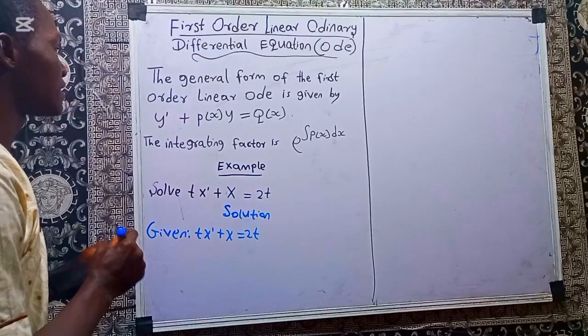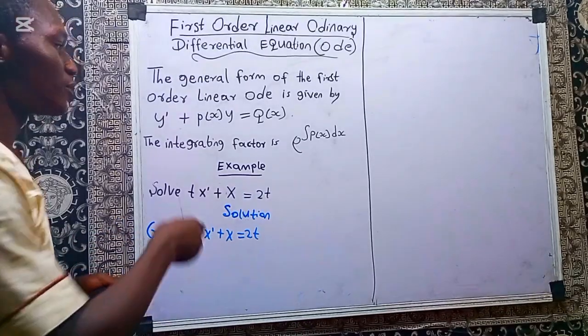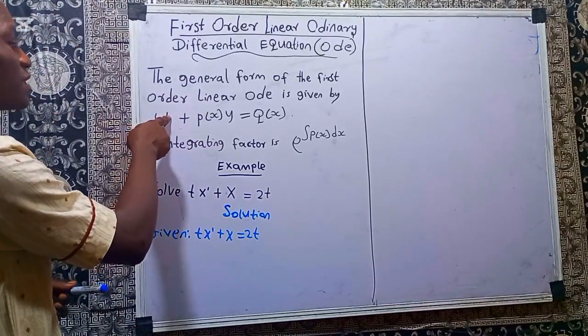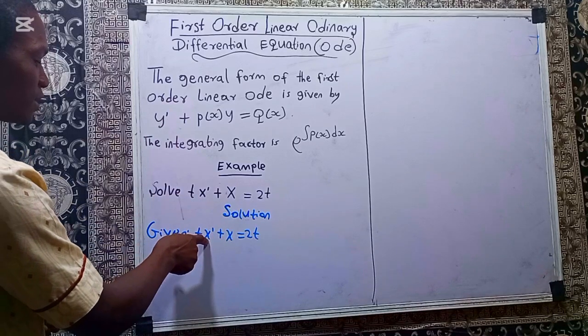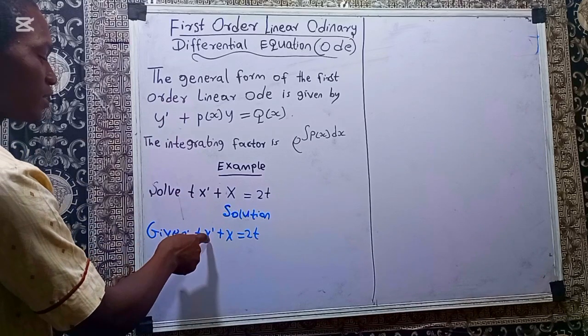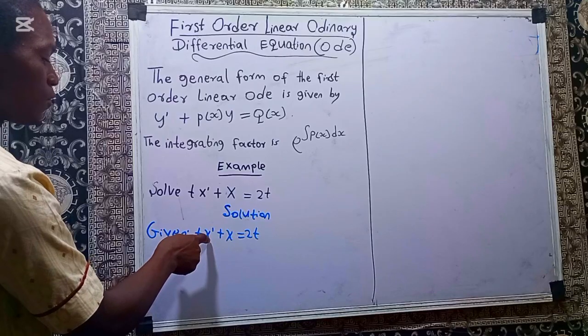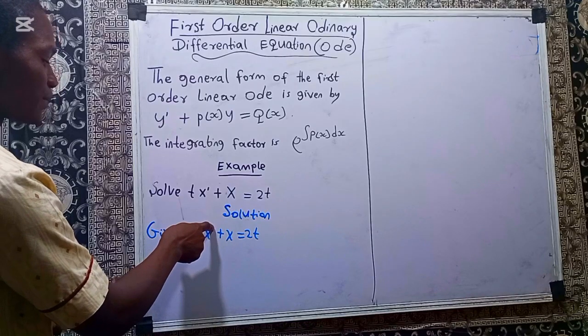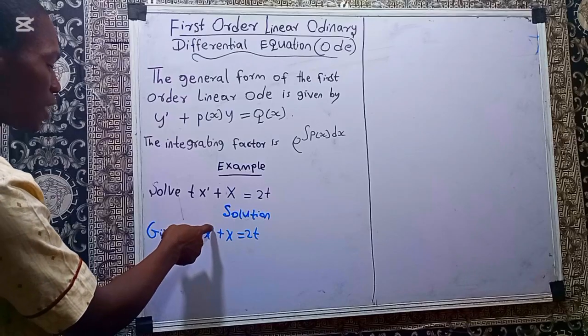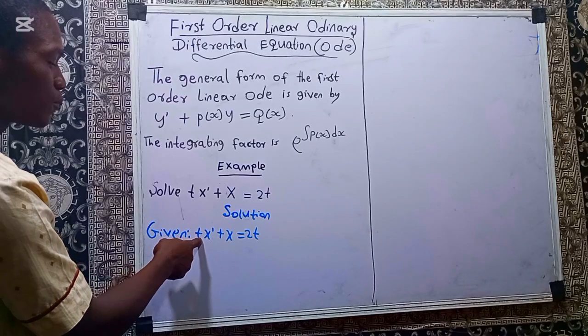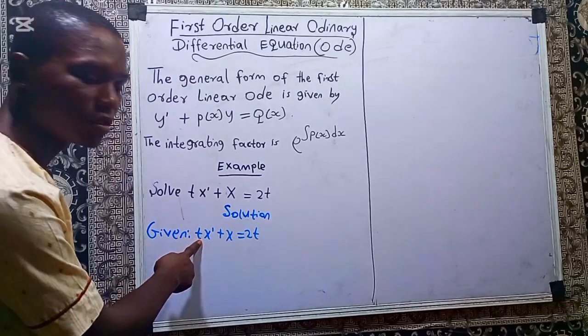Now, like I said, the coefficient of the term having the first derivative sign should be 1. So the term having the first derivative sign is this. What is the coefficient of x prime? It is t. So this coefficient should be 1, but we are seeing t there. So what do you do?